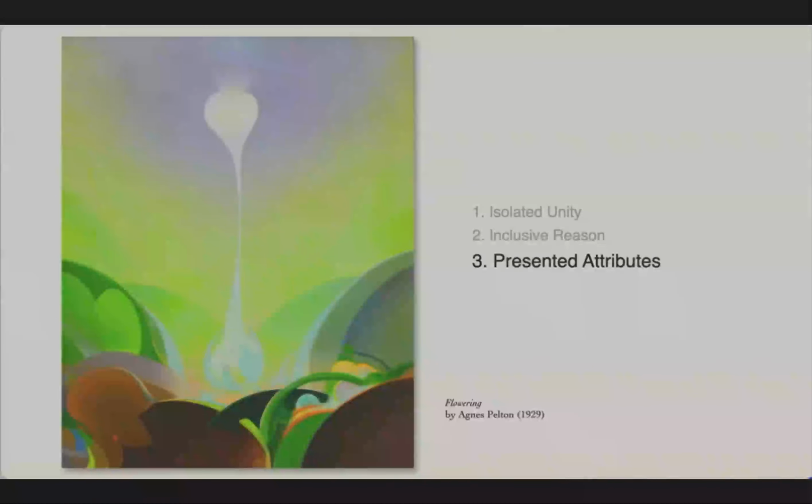All right, so the key word for the third ray technique is presented attributes, which seems an easy enough concept to understand when we think of the word presented as meaning demonstrated or revealed, and the word attributes as the inherent or natural qualities and characteristics of someone or something.